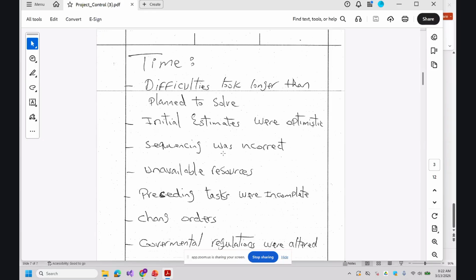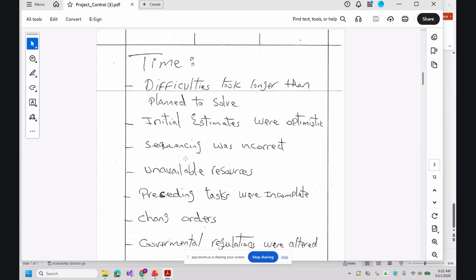Time: difficulties took longer than planned to solve a task, so you need to be aware of it. Initial estimations were too optimistic. The PERT formula that we use for time estimation, maybe somehow we didn't do a good job.